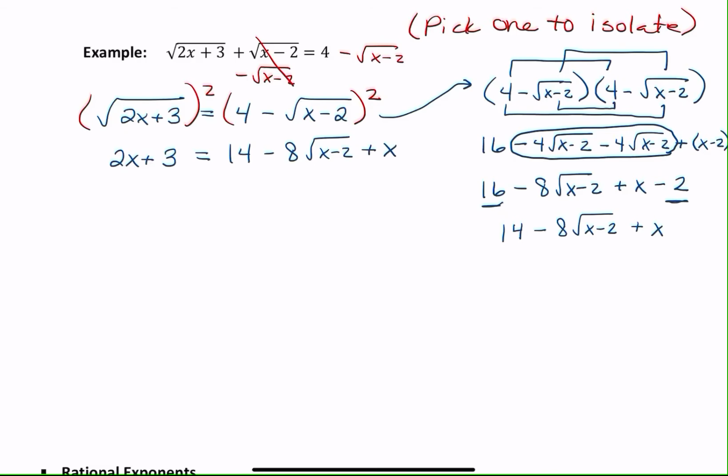So now I've still got a radical in my problem, so I'm going to do the same thing. I'm going to repeat the steps by isolating the radical again. So I'm going to subtract x from both sides and subtract 14 from both sides.